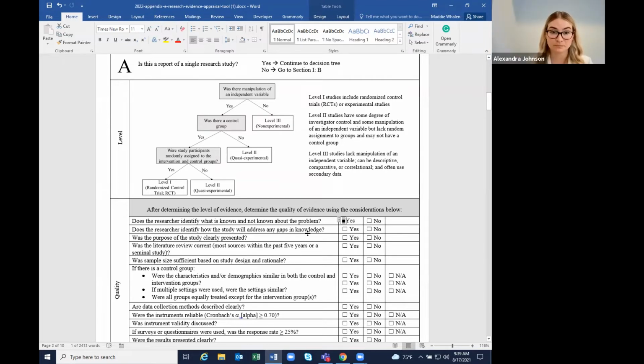Definitely. All right, so the next question is, does the researcher identify how the study will address any gaps in knowledge? Yes, they did their lit review, and they found there are a couple of ways to help adherence to central line maintenance best practices. They are doing a central line kit, and in that kit they're also including a checklist.